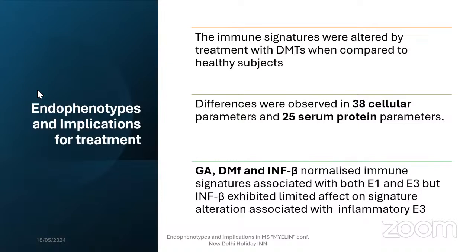Glatiramer, dimethyl fumarate and interferon beta normalized the immune signatures associated with both E1 and E3, but interferon beta exhibited limited effect on signature alteration associated with inflammation. We have grown with interferons, glatiramer, and dimethyl fumarate. Now we know some patients never responded, and this is the inflammatory prototype which I'm going to describe again.